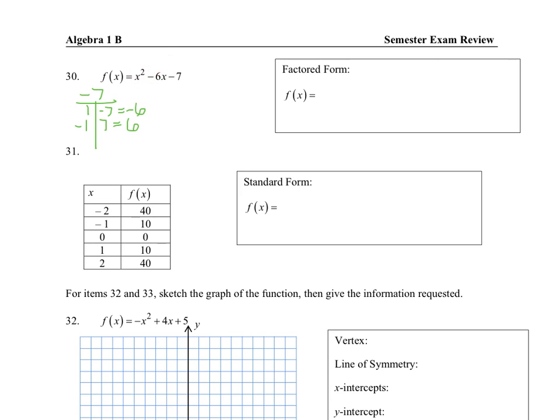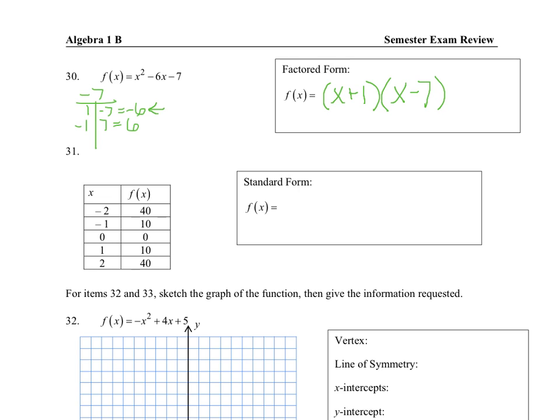Since we want what adds up to -6, we want this first one right here, meaning our factors are going to be 1 and -7. So our factored form is going to be x plus 1 times x minus 7. And if we multiply that out, we'll see that we get x squared minus 6x minus 7.